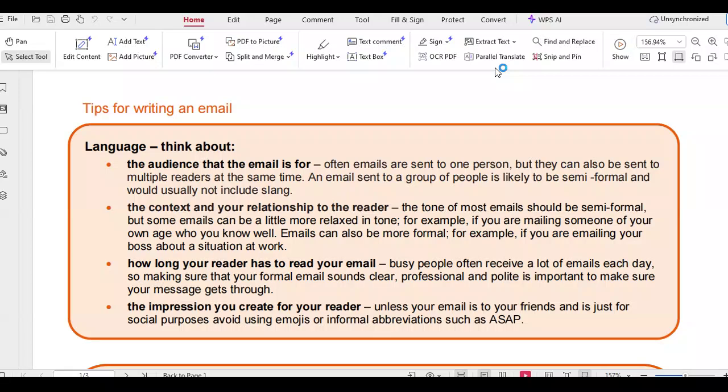Because of this, the email should be clear, short, professional and polite. We must avoid writing very long or confusing messages. The reader should quickly understand our purpose. This is what our target should be. For example, instead of writing a very long paragraph, you can write short and clear sentences.